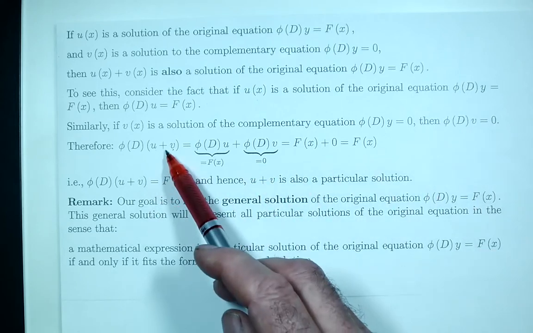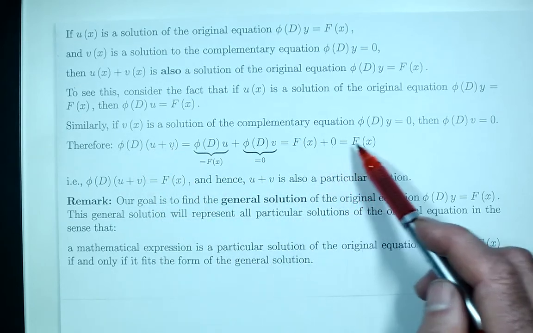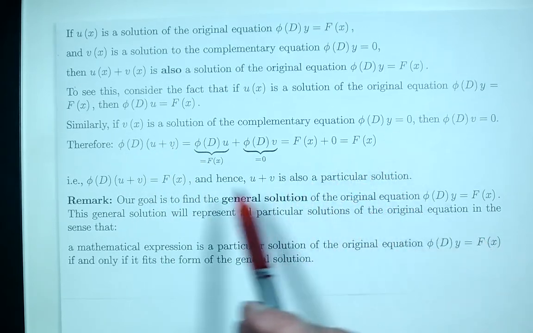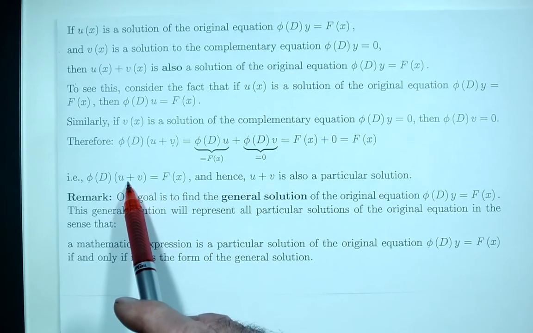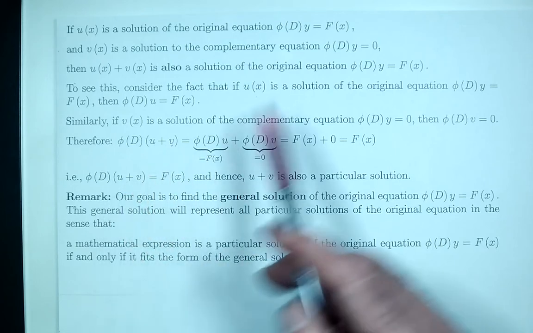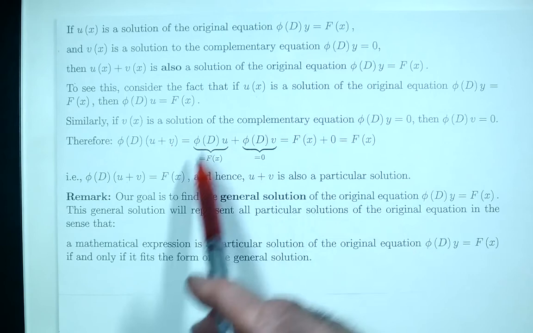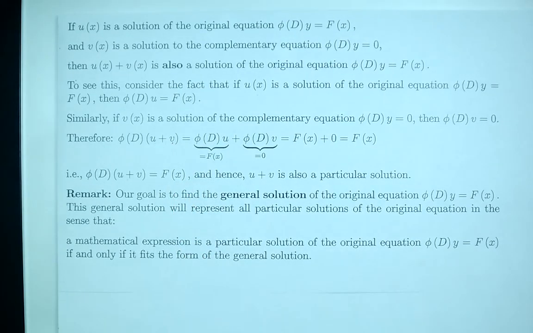So when we plug in u plus v to the original equation, we get f of x plus 0, or just f of x. So u plus v is a solution to this equation. That is, we plug in u plus v for y, and we're going to get f of x. Now here's our goal.